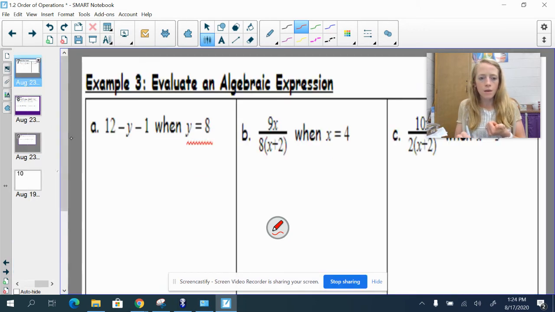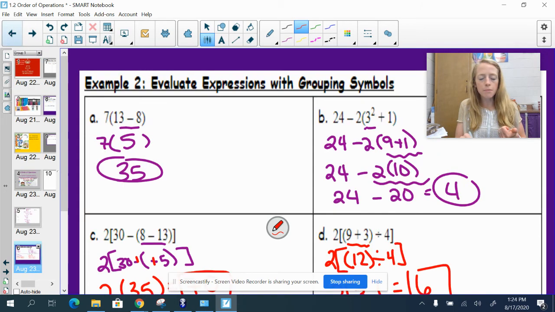And then a few more different types of examples where you have to plug in a certain value for the variable. So here it says for part A. Also, make sure, maybe I haven't been reminding you very well, but make sure that you are labeling your examples. Okay, so these last examples were A, B, C, and D of example 2.